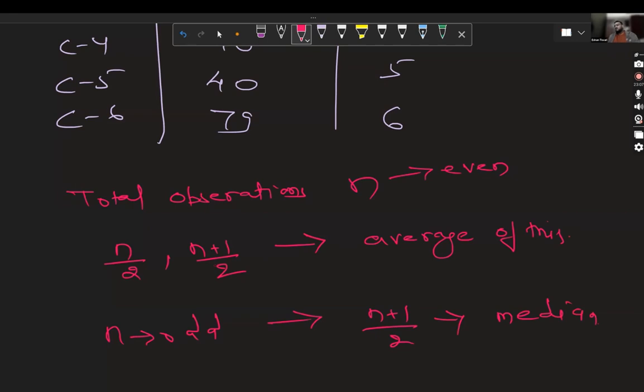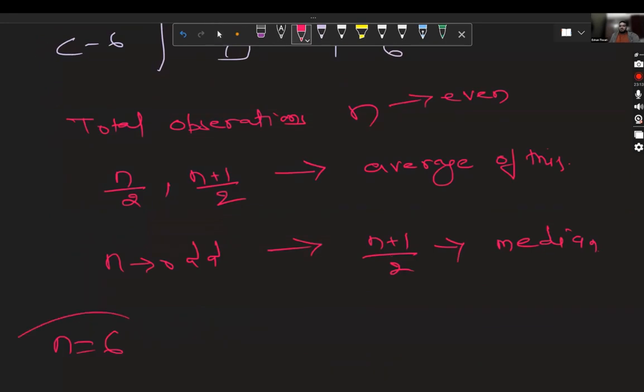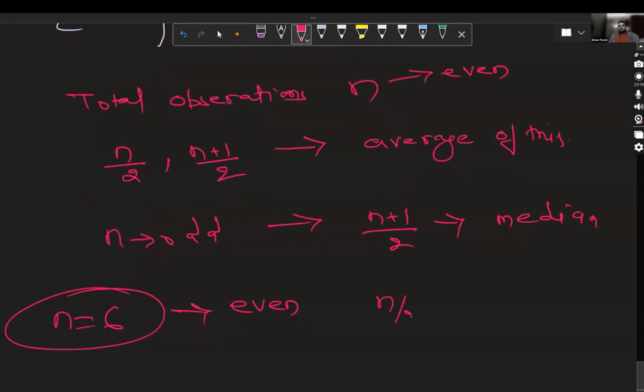So let's understand this with an example. In this situation, what is our n? n is equal to 6, which is even. Now what is n by 2? 6 by 2, which is 3. Sorry, there is a typo I made while writing it. Let me correct it.